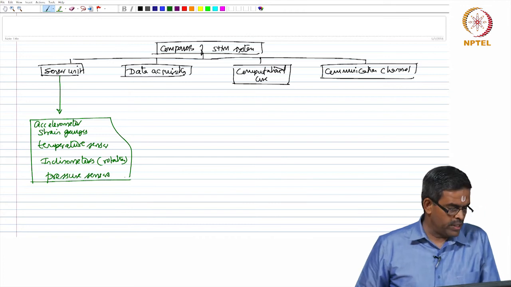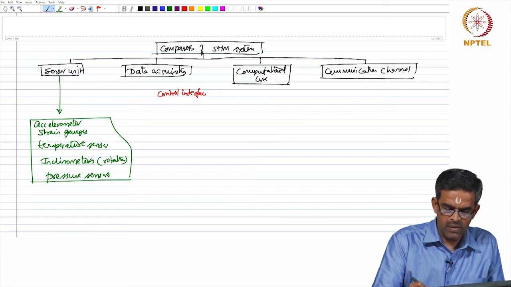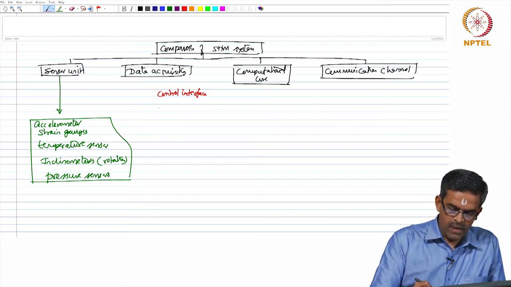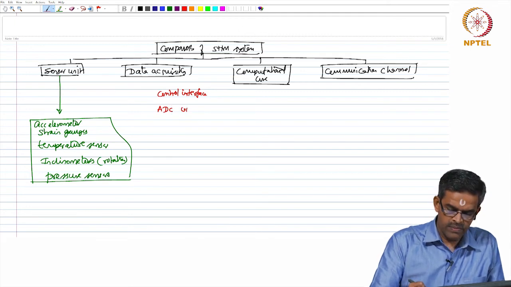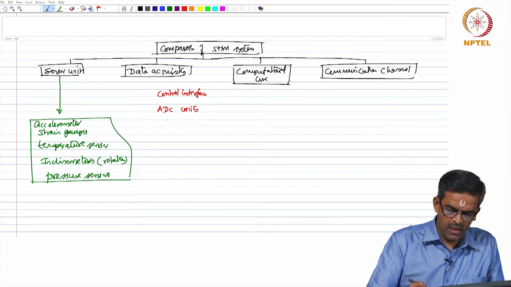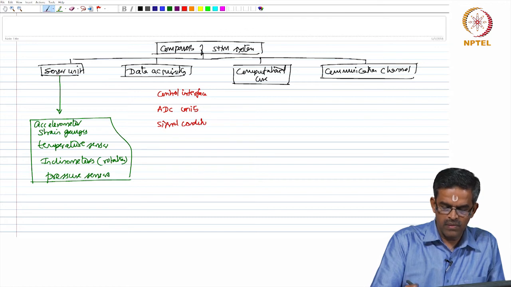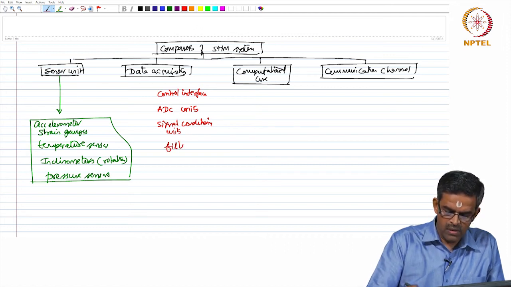So, all this will comprise the sensing unit. Then the data acquisition unit has the control interface, analog digital converter units, signal conditioning units, filters and amplifiers.